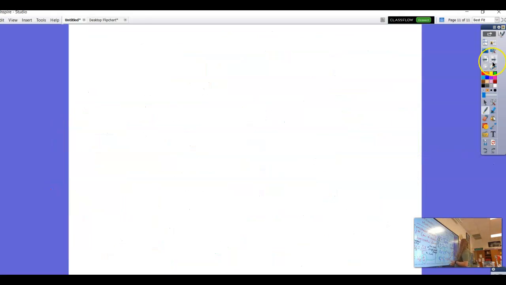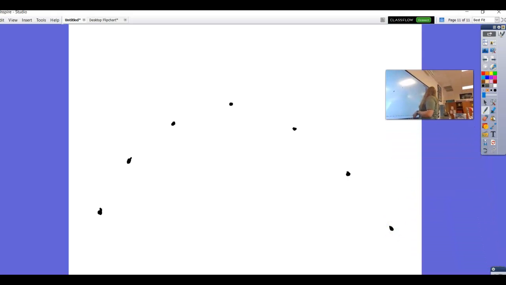So, let's look at an object's trajectory. Now, I'm going to plot a few points here. Let's say these are the points of a trajectory. I'm going to just move myself here. We're going to go through and draw the horizontal and vertical motion for both of these.